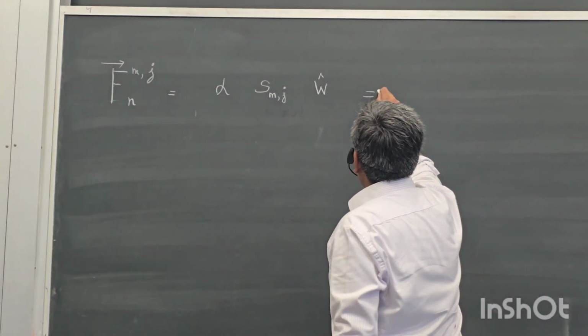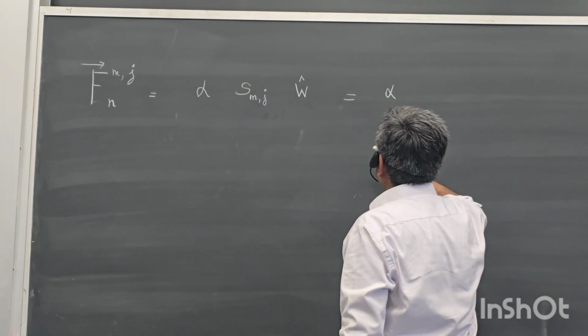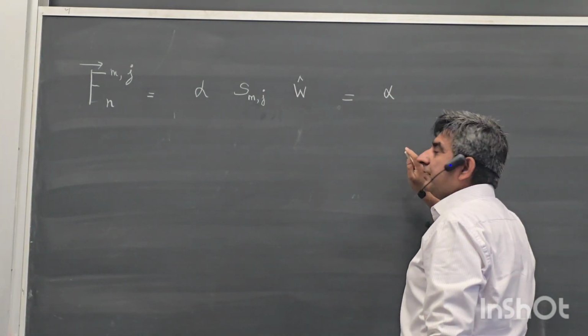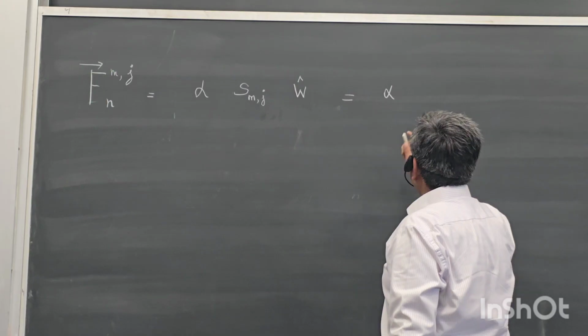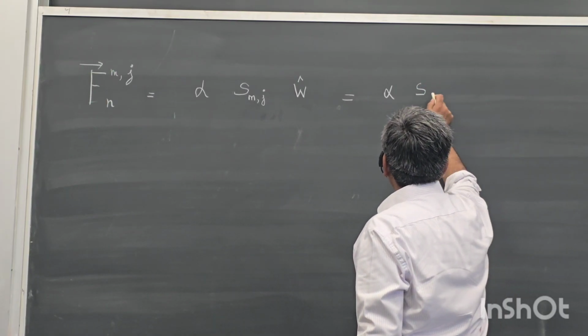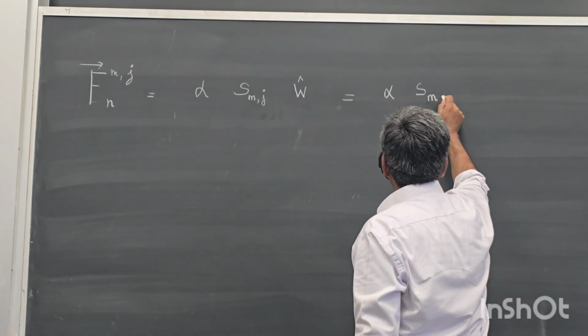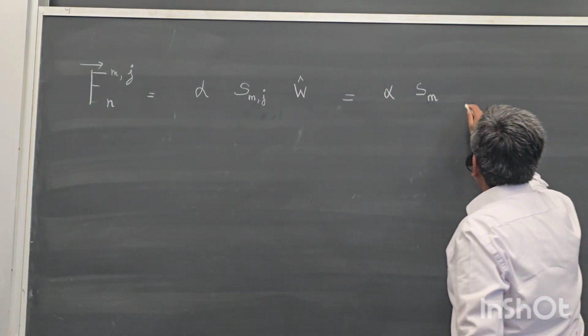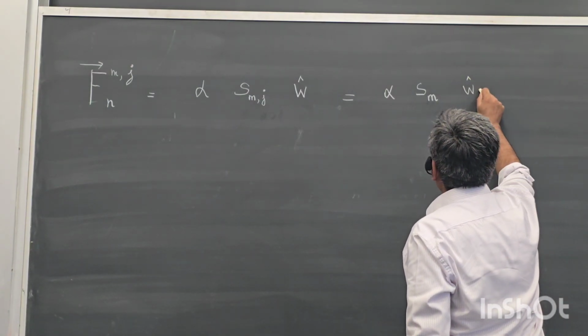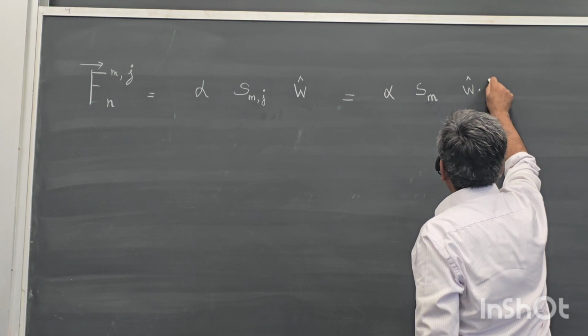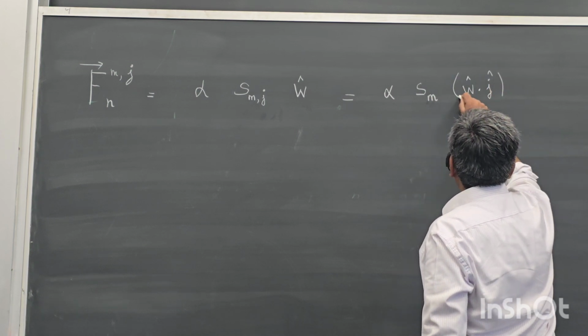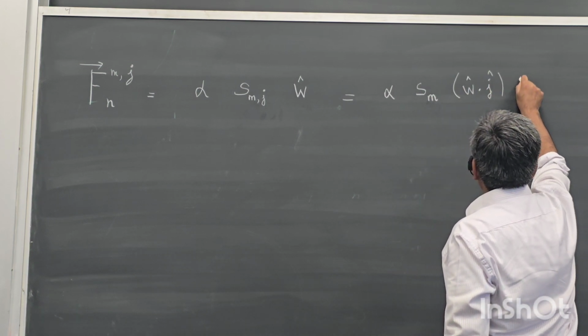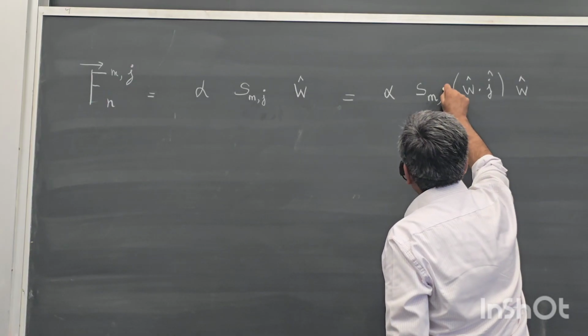The Sm component along the j direction is given by Sm, w dotted with j. Smj, right?